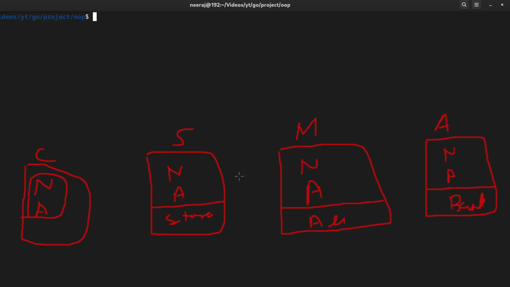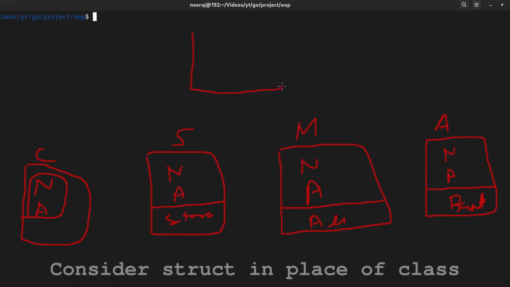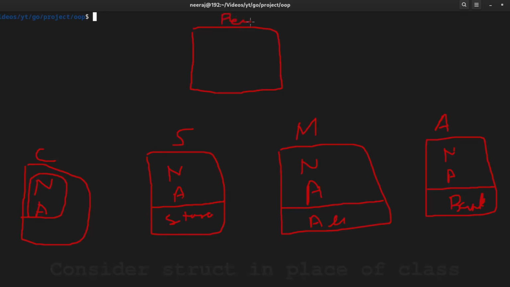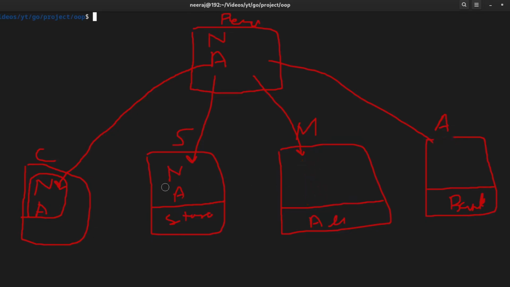So what if we create a common struct and call it person, and the person will have a name and an age, and just embed this person struct inside the customer, the salesperson, the manager, and the accountant, and keep out these fields, name and age, they are no longer required.